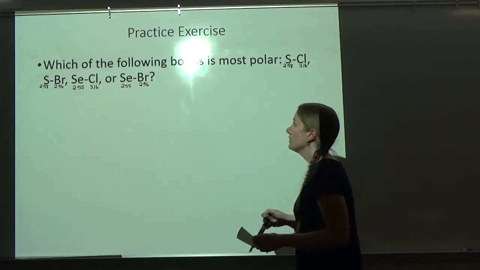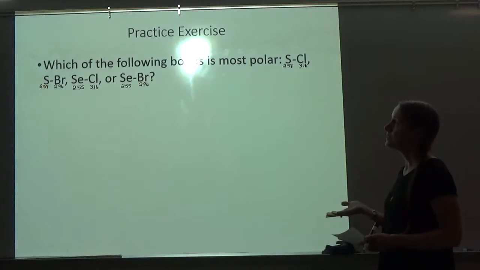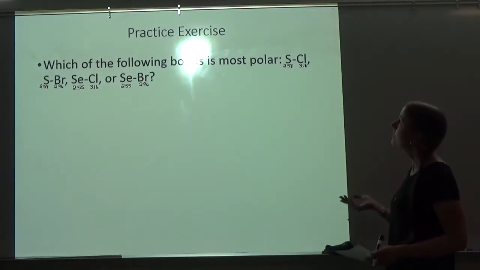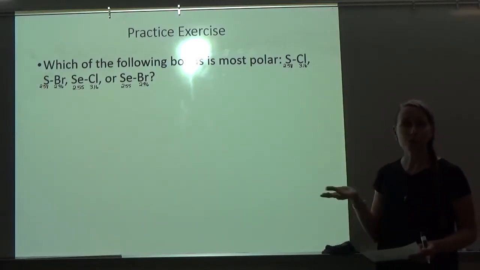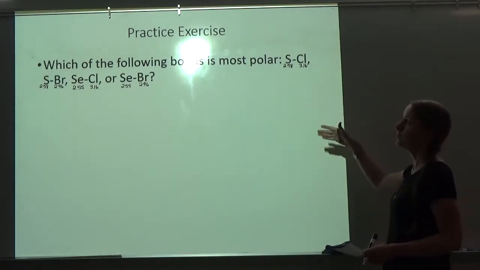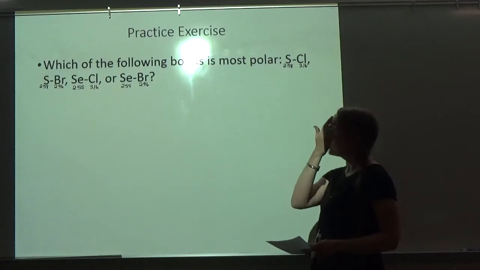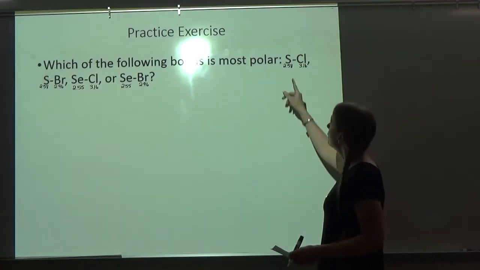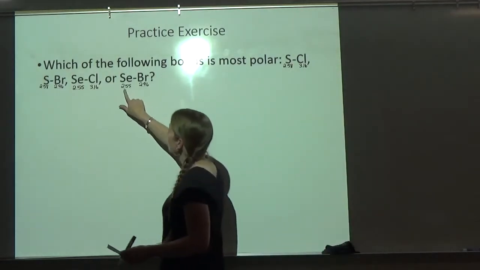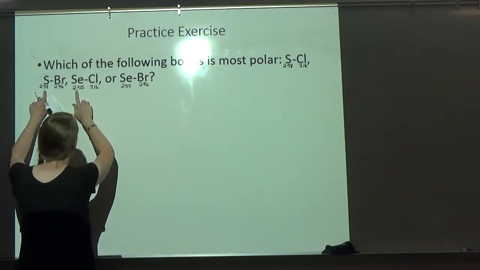Now, for some of you, if you're getting confused by all of these numbers, you can actually just go through and subtract each one, and then look at which one has the greater difference. But if you look between S and Se, Se has the lower electronegativity.